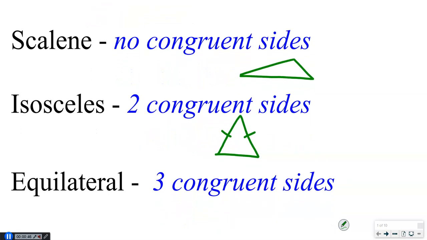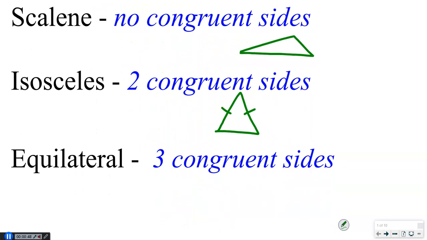And then an equilateral triangle, we've talked about equilateral polygons before. Now we're talking specifically with triangles. All three sides are the same. Equilateral, isosceles, and scalene. So that's how you would classify triangles by sides.